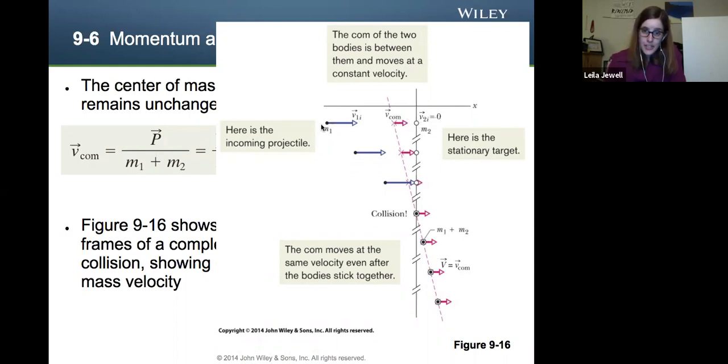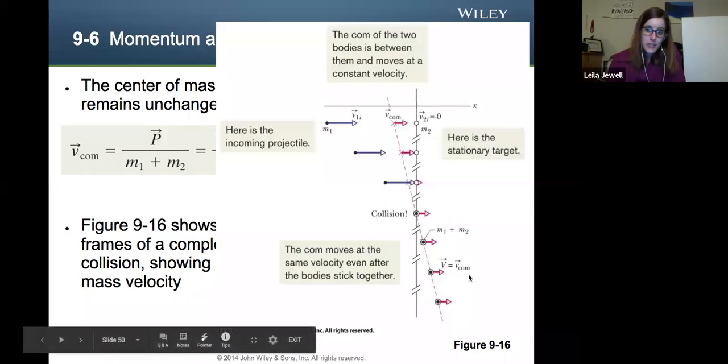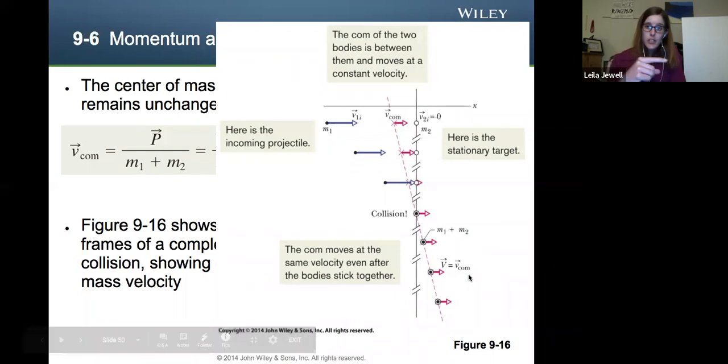And you notice as the projectile comes closer and closer, the center of mass velocity also moves closer and closer to that target until the collision happens, right? And at the moment of the collision, the final velocity, v, is just equal to the center of mass velocity. The two of them travel together in that same direction.